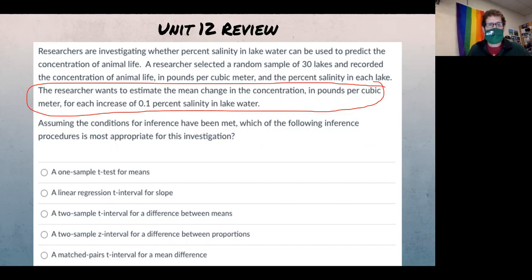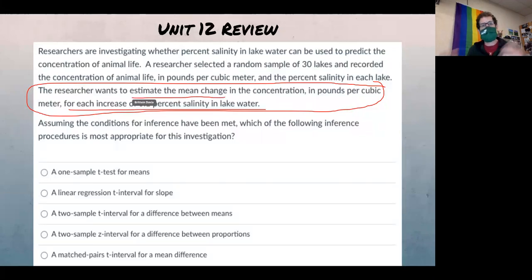So what we're making an inference on right here is the researcher is trying to estimate the mean change in concentration for each increase in 0.1% salinity in lake water. So the idea is that we're looking for a rate of change and we're estimating that change.